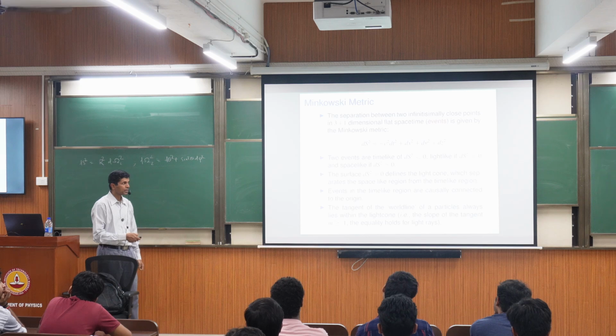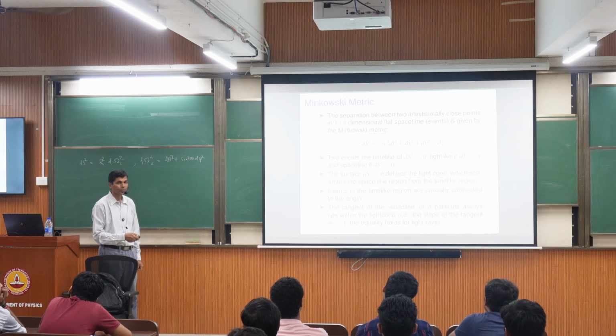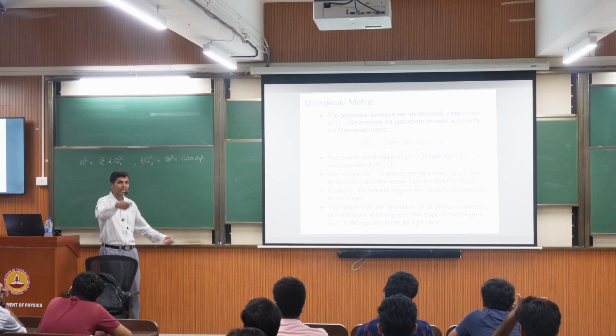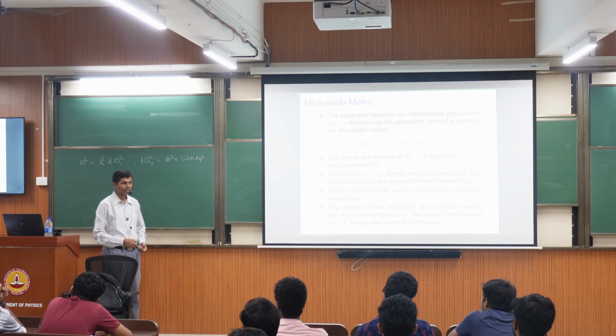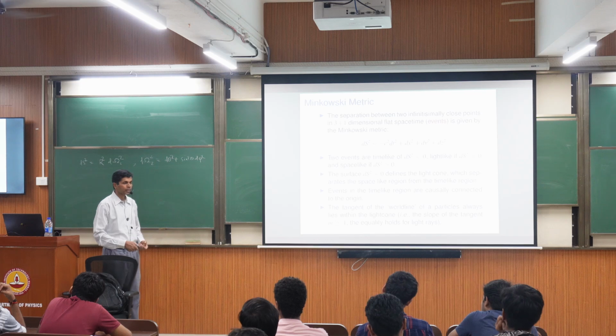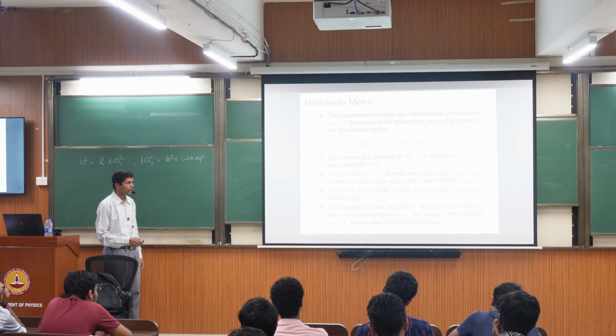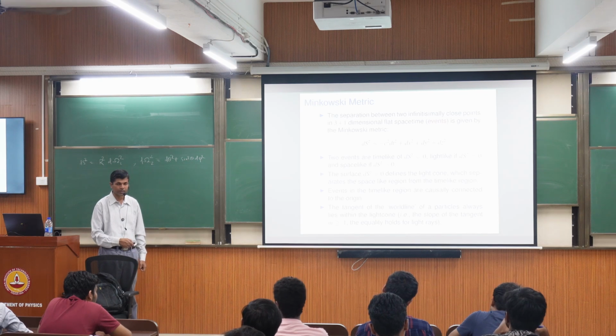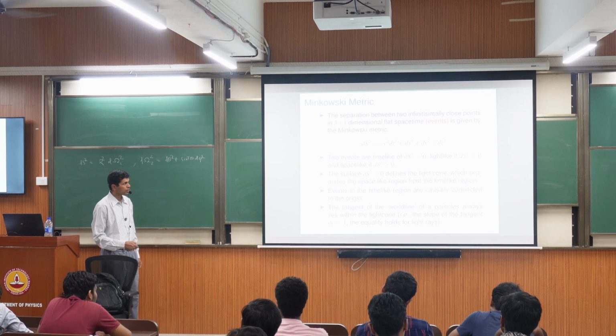The events are said to be light-like with respect to each other if this quantity is 0. Okay, so you can send a light signal from one point in this space-time to another point, and the points are space-like if this quantity is positive. Okay, so this is what I mean.